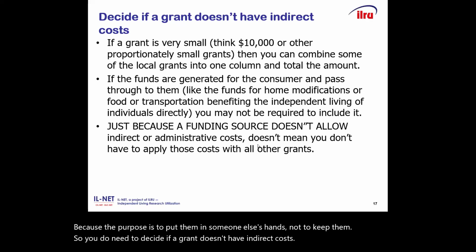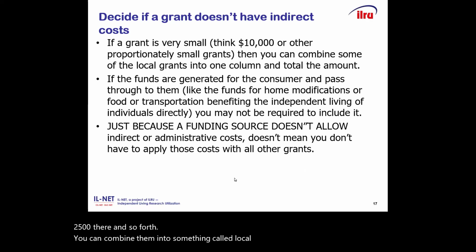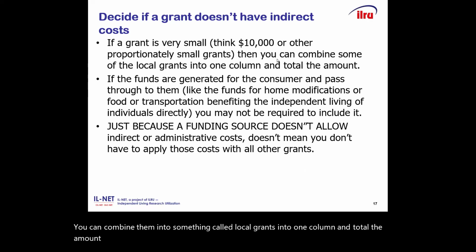So if a grant is really small, typically I see 10,000 or less, sometimes you get 500 here and 2,500 there and so forth, you can combine them into something called local grants in one column and total the amount, rather than having a really long list on that chart.